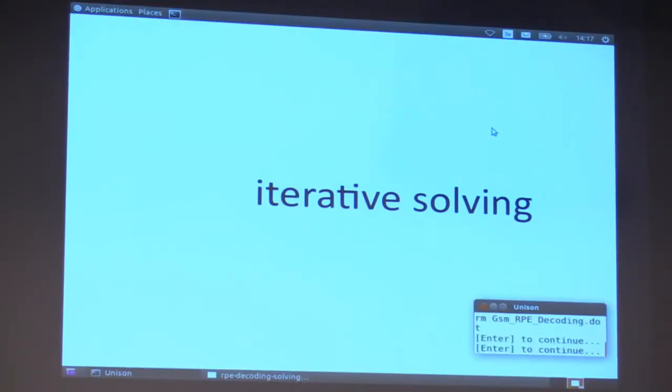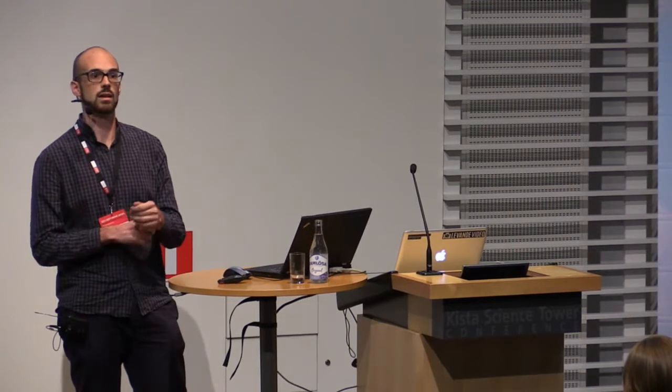So here I'm going to illustrate another capability of Unison that Christian already mentioned, and it's that we can generate code iteratively, so progressively. The more time you give to Unison, the better code you can expect to get. And you can abort the process at any time and get something. Actually, what we do in practice is that we run LLVM, get the code generated by the heuristics, and then tell the solver, now go find something better than this.